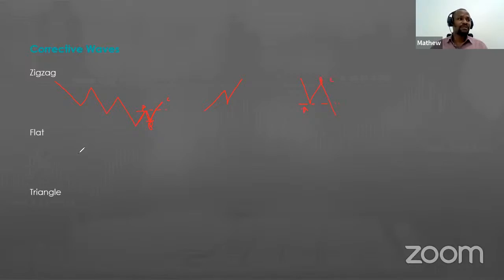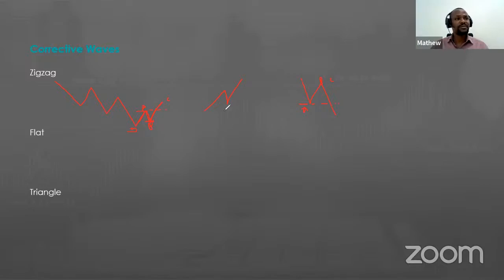If it's a flat wave, then you're going to have something like a consolidation. Looking at the wave 5 for the zigzag, the B wave is a little bit higher than the low of wave 5 in a downtrend.